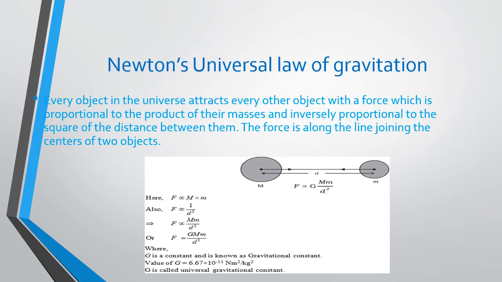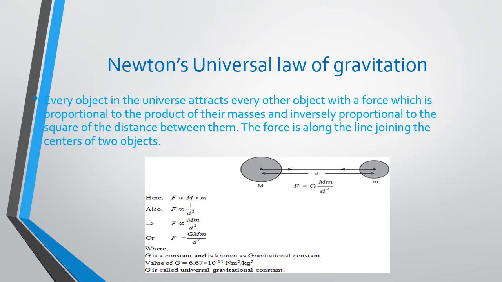Consider two objects A and B of masses M and m respectively. Let d be the distance between their centers. If F is the gravitational force of attraction between these objects, then according to Newton's law of gravitation, the force between two objects is directly proportional to the product of their masses.